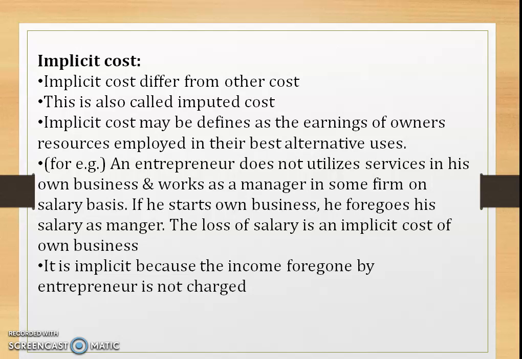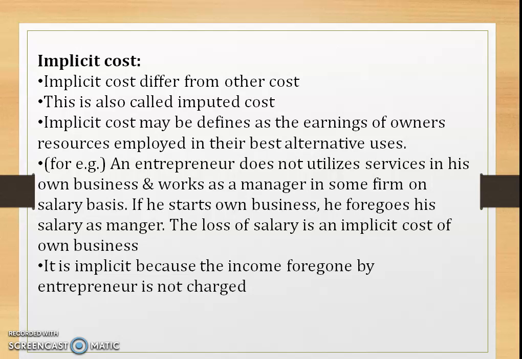So let me just cite one more example. Suppose the particular land where the firm is situated is owned by the owner, right? So here the rent is not being calculated.